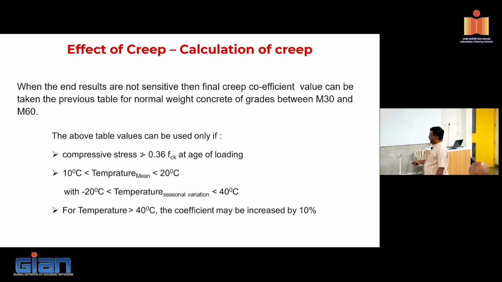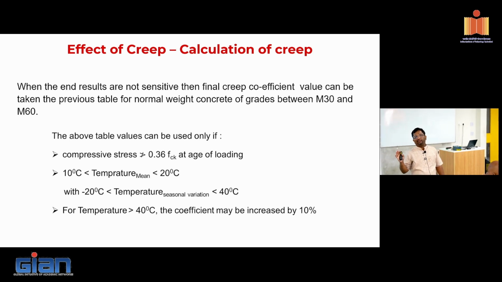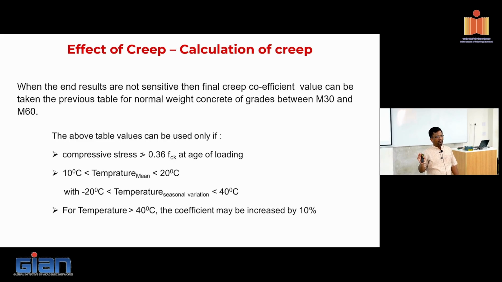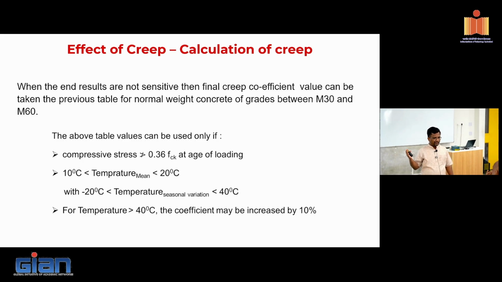For temperature higher than 40 degrees, these coefficients can be multiplied by 10%. These are all simple guidelines the code is giving for normal concrete. I told you higher the temperature, higher will be the creep, so the code is saying to increase it by about 10%. In India anyway, temperatures don't go more than 50 degrees, so that is the reason you have the simplified factors, right?